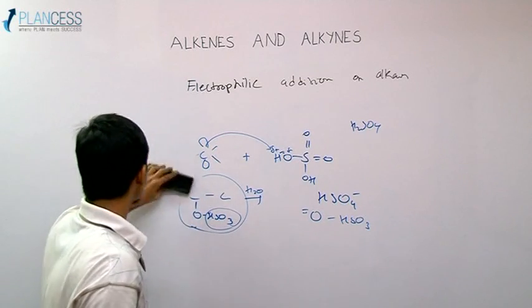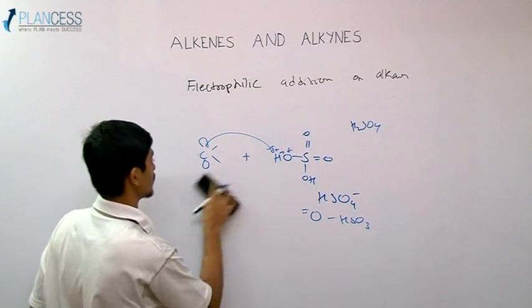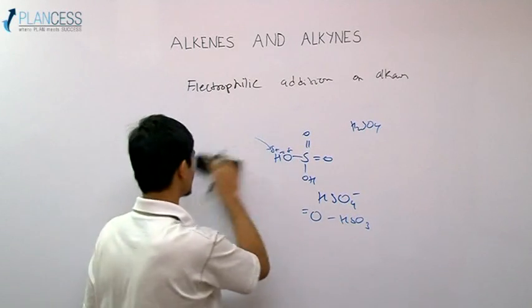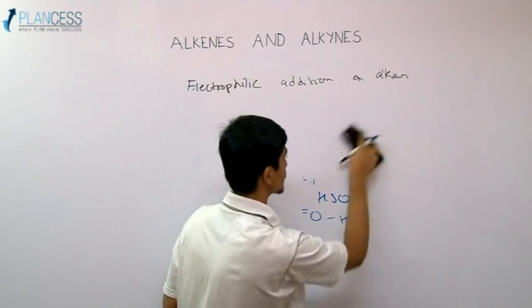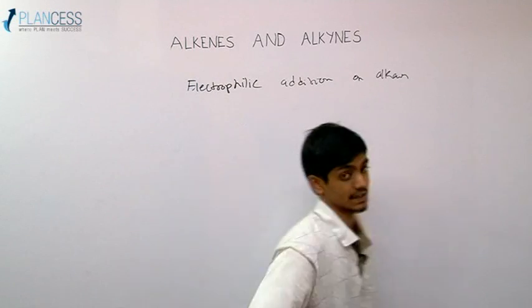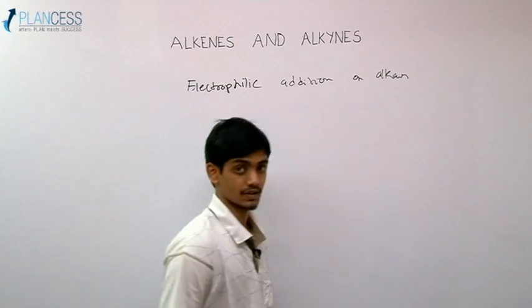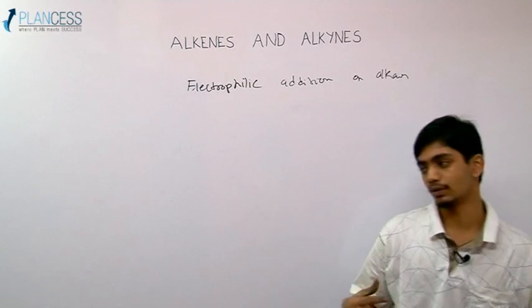Fine. This is also a very simple reaction. Now let us come to the alcohol, or the reaction with water. The two major reactions over here are the reactions with water and the reaction with dihalides, because there a specific stereochemistry is followed, and we will see how it is done.